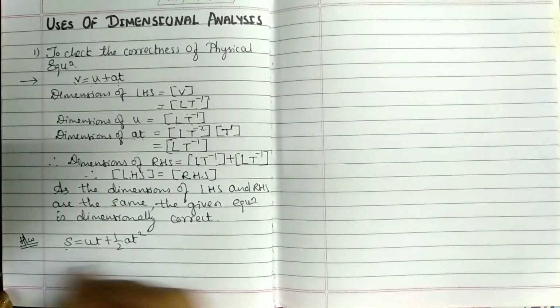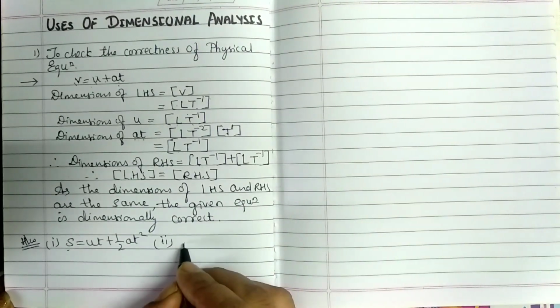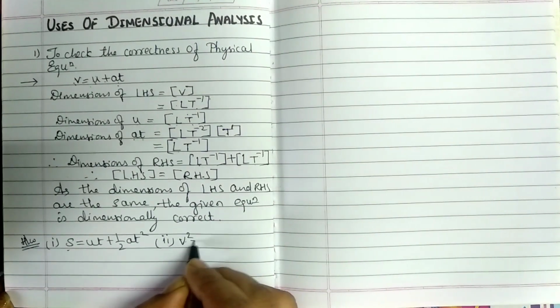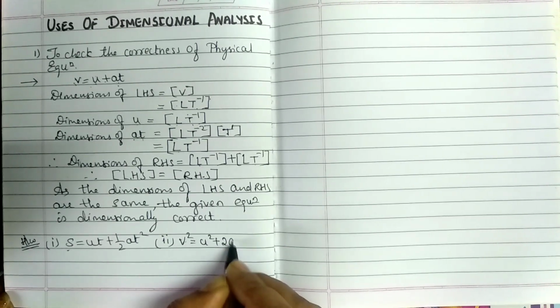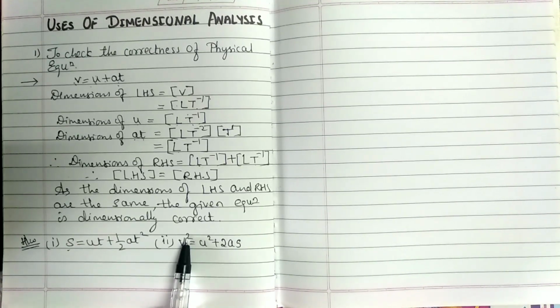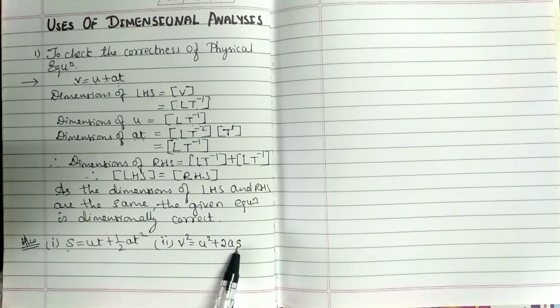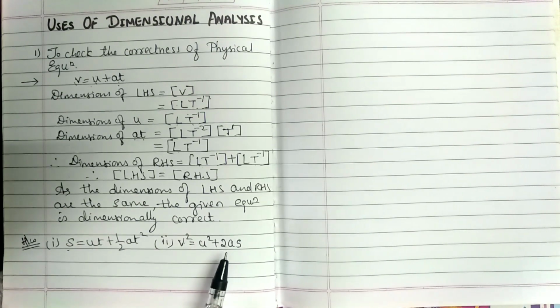Another one you can try is v square equals u square plus 2as. Check whether the dimensions of v square, u square and as are the same or not.